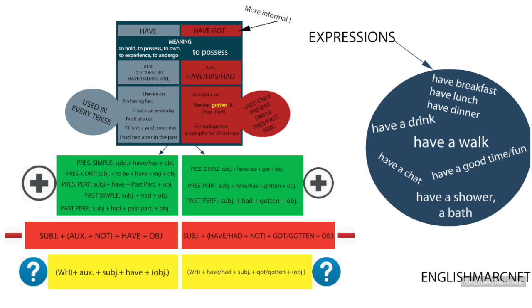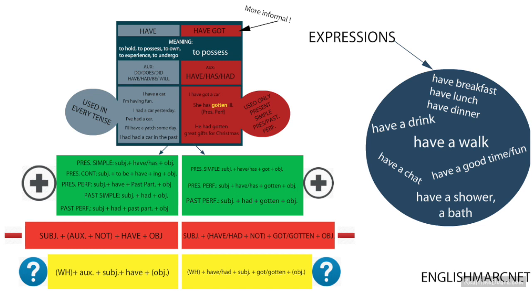The negative, look at the negative sentence. It's quite different. We need the subject plus auxiliary plus not, so it depends on the auxiliary that you want to use. Remember that the auxiliary helps the sentence identify the tense of what we want to say. Then we have the object.